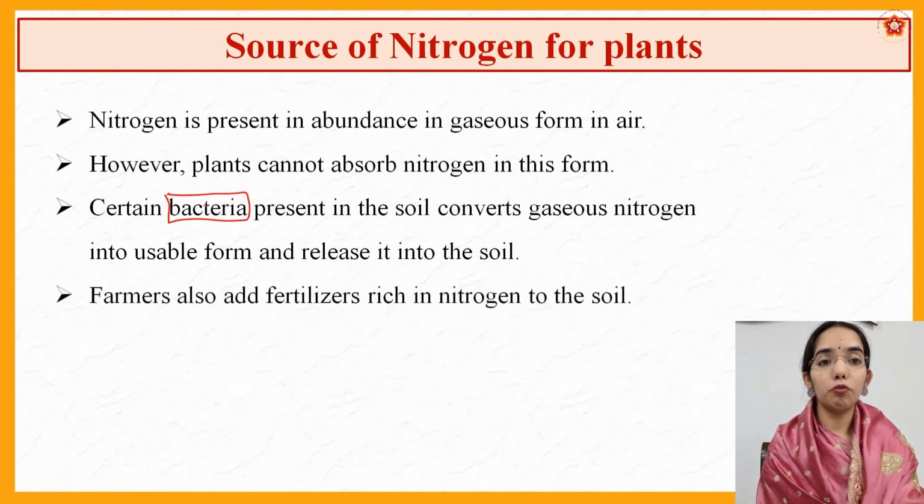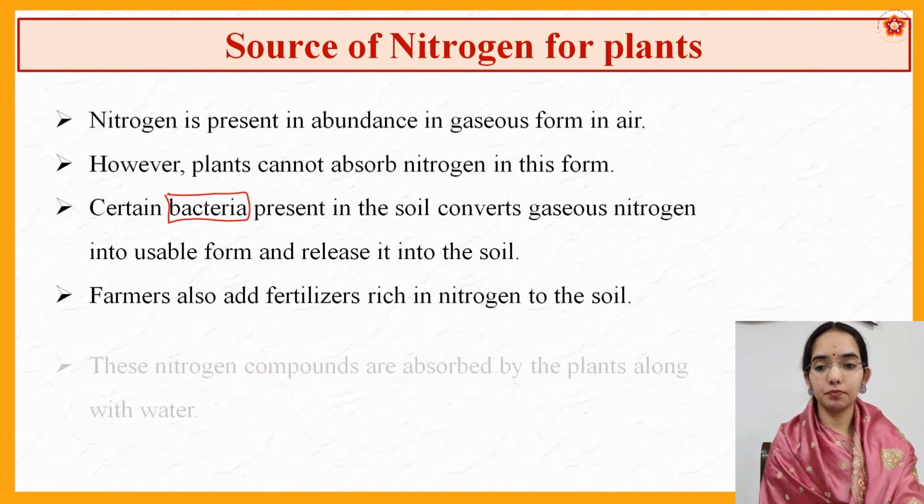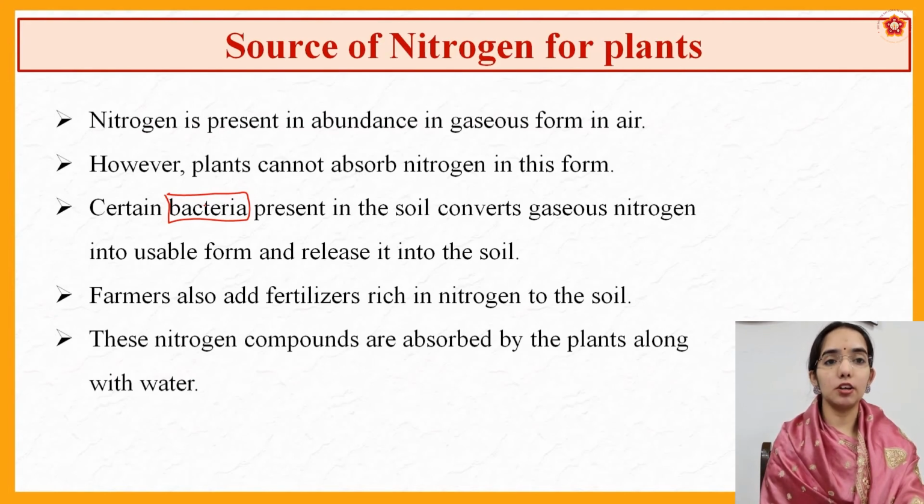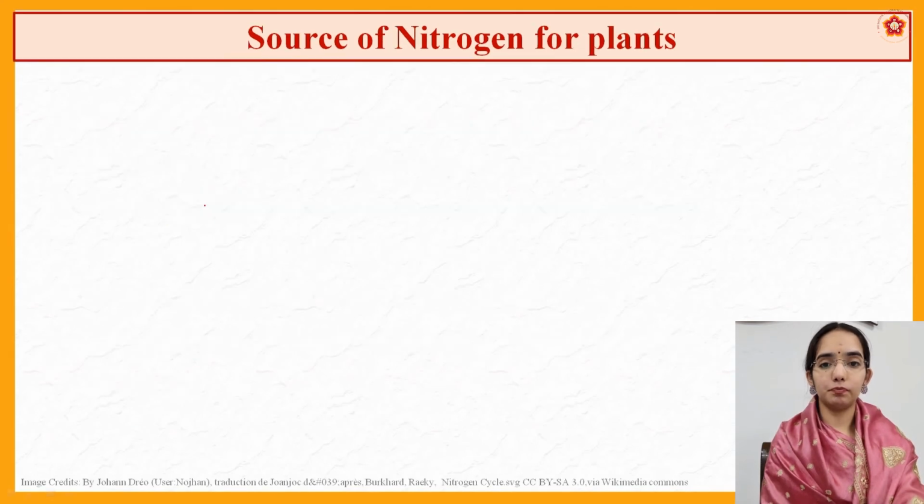Then even farmers also add fertilizers rich in nitrogen into the soil. So from there also plants can get nitrogen, that is from fertilizers. These nitrogenous compounds are absorbed by the plant along with water.